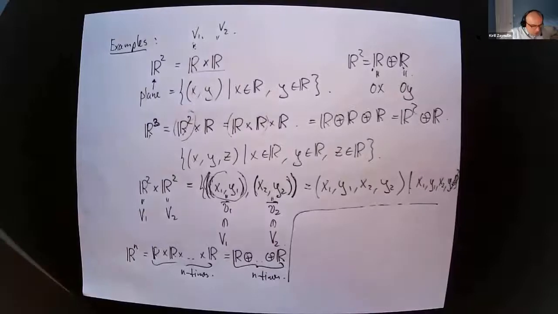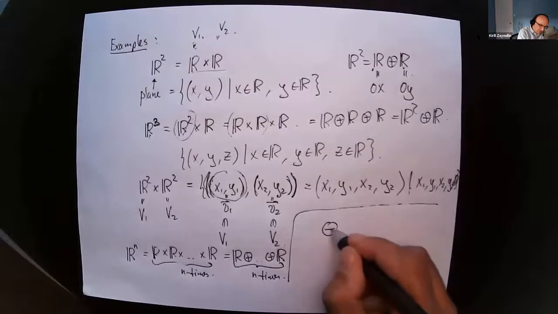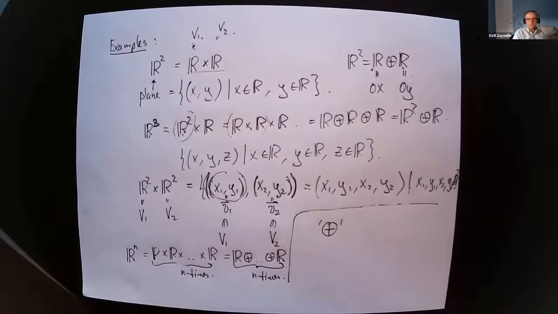Maybe before going to the next slide, I would like to mention that this concept of a direct sum can be viewed as sort of addition for vector spaces. If you have two vector spaces, you can sort of add them. So it's sort of abstract addition, where instead of numbers, you add vector spaces. It's a little bit weird, but that's what it is.